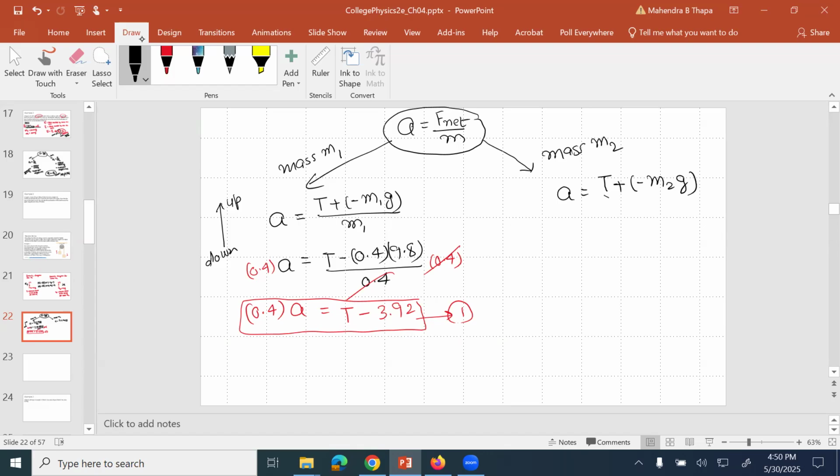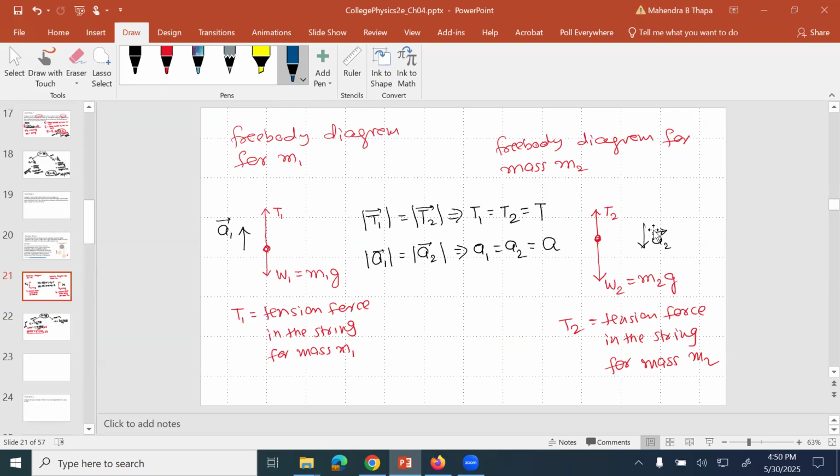This minus comes from the coordinate system for M2. But one important thing we need to consider here is that mass M2 is falling down. A1 and A2 have the same magnitude, but A1 is vertically up and A2 is vertically down.